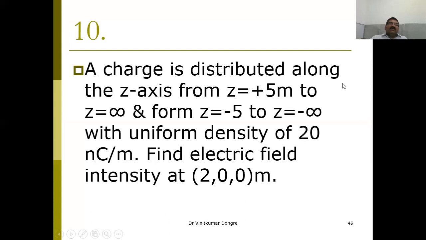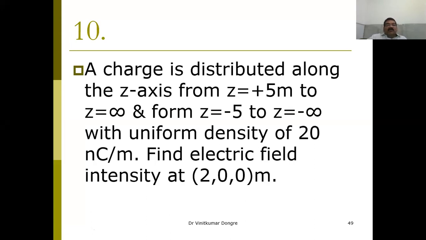A charge is distributed along the z-axis from z equals plus 5 meter to z equals infinity, and from z equals minus 5 to z equals minus infinity, with uniform density of 20 nanocoulomb per meter. Find the electric field intensity at 200 meter. Now this is a somewhat typical problem.